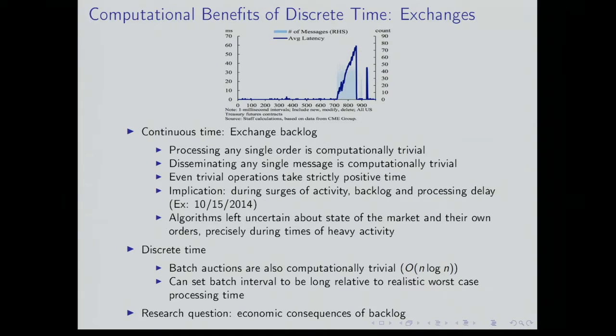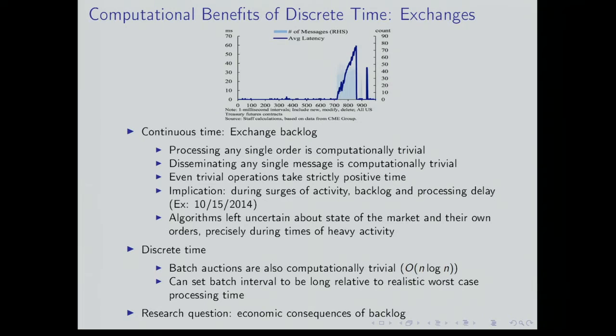Discrete time batch auctions are also computationally trivial. They're n log n, and you can set the batch interval to be long relative to realistic worst-case processing time. I had an RA use a laptop to figure out how long it takes to run batch auctions at the level of message activity during the flash crash, and you could clear batch auctions in 10 milliseconds on an ordinary laptop using C++.